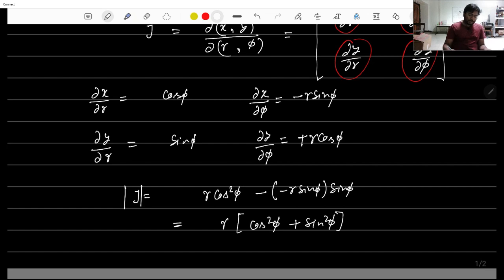If you are not understanding these steps, please pause the video and do the calculation on your own. You will understand then. This will become r. So, the Jacobian factor comes out to be r.